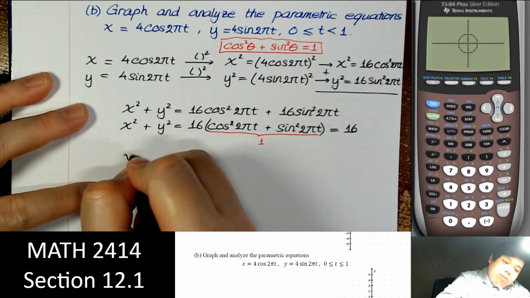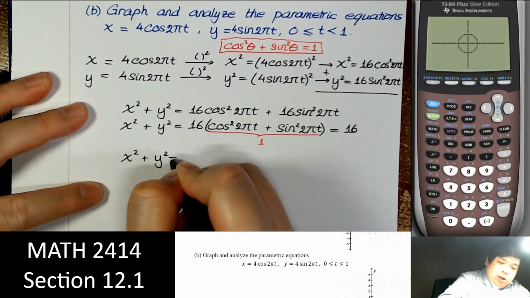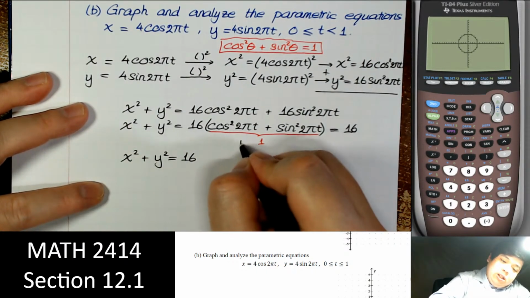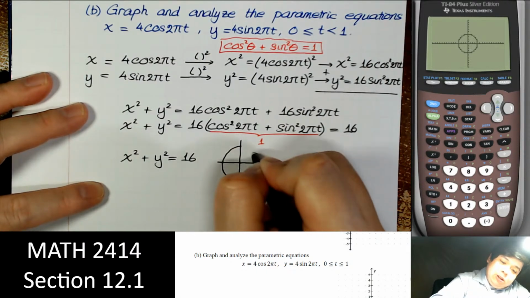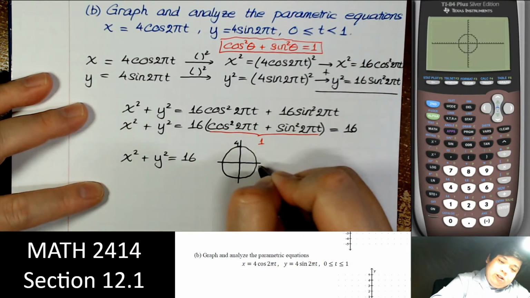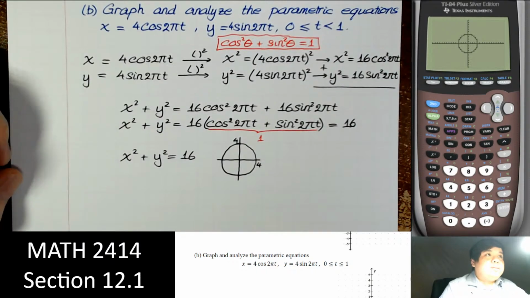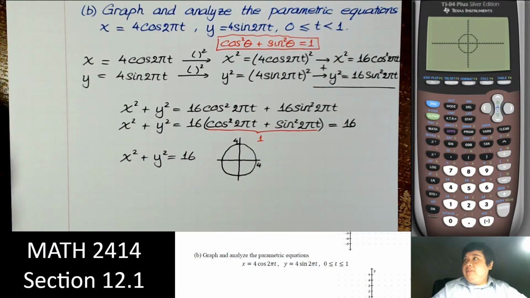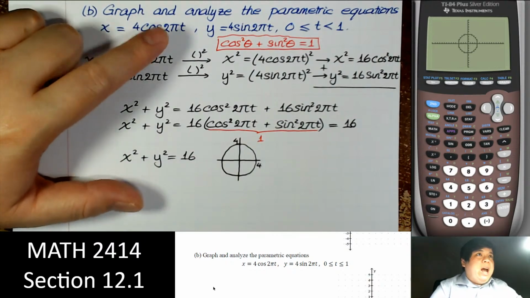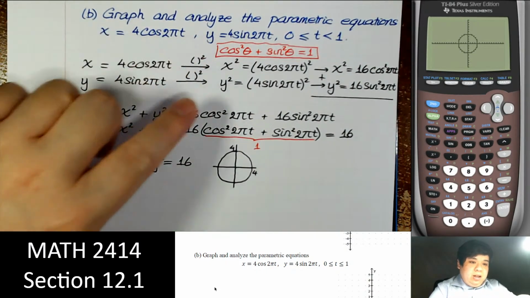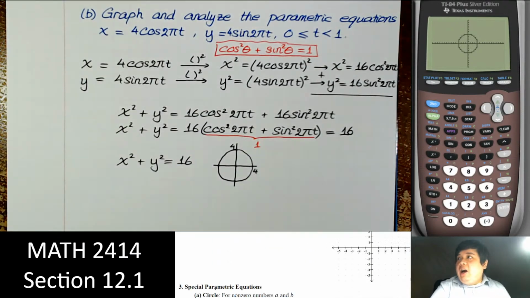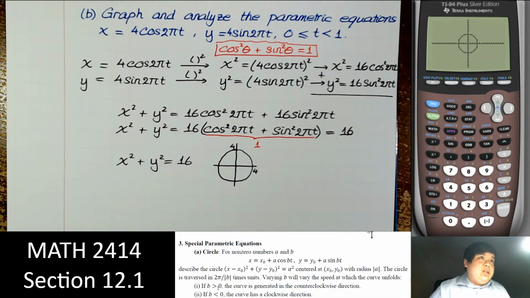So we have x squared plus y squared equal to 16, which is a circle, radius 4. So when we have cosine and sine, try to utilize this identity. In that case, you can eliminate the parameter that way.